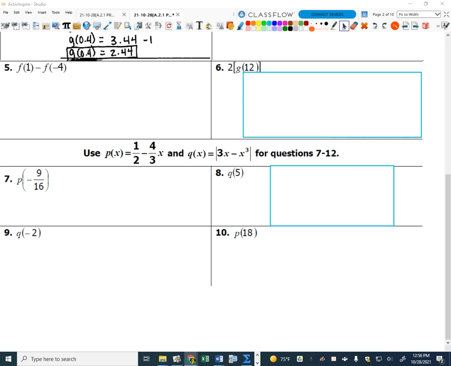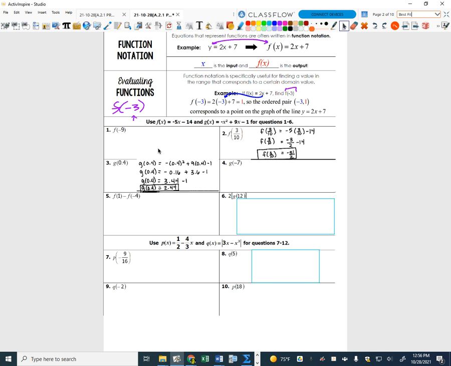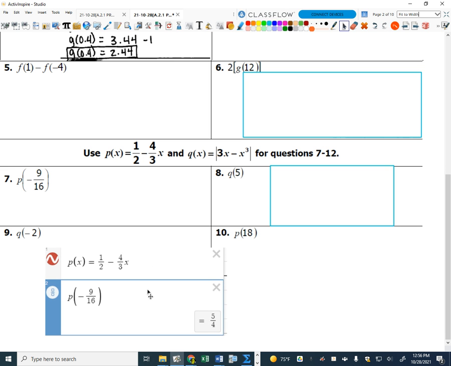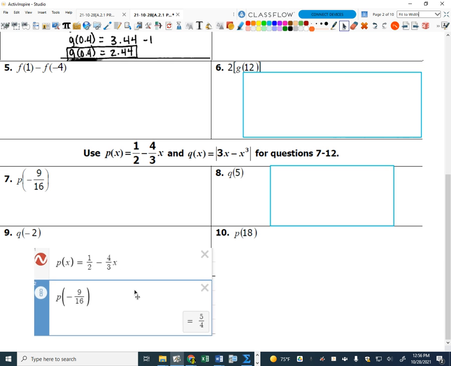Okay, so here's what it should look like on Desmos. There's what number 7 should look like on Desmos, right?